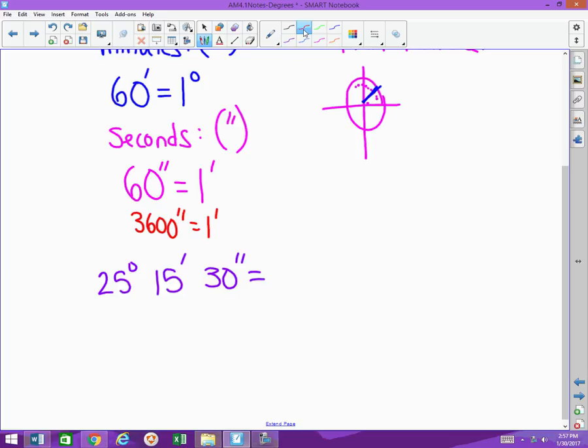Well, to do that, you just need to add 25 plus 15 divided by 60, because it's 15 minutes and there's 60 minutes in a degree. And then also add 30 seconds, which means 30 has to be divided by 3,600. And when you do that, you will get 25.258 degrees.